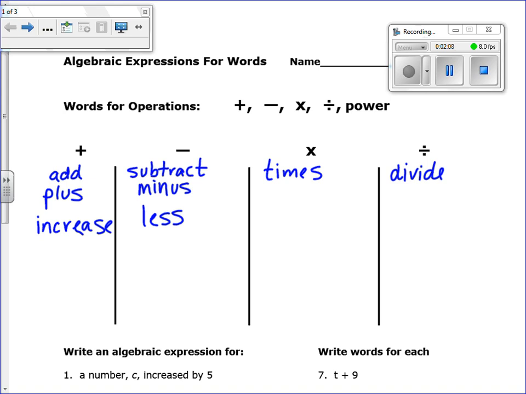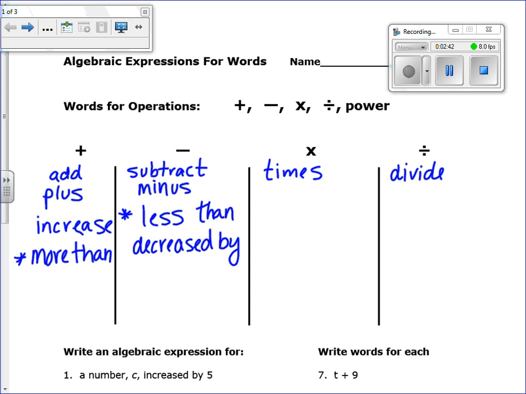I could say decreased. Decreased by. I could say for plus, more than. And for less, I would say less than. And those have a special little rule to them, okay?